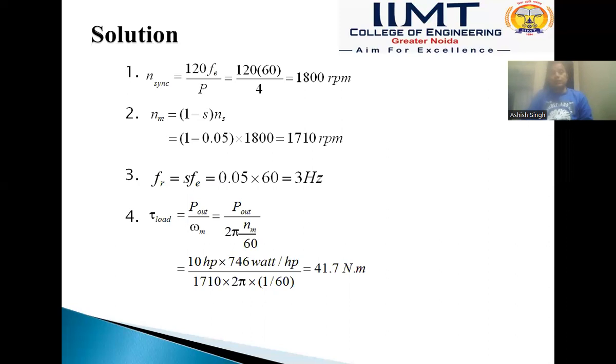As Nm is in rpm, we have to convert rpm into rps, revolutions per second, so we divide 2 pi Nm by 60. After putting this value, we get the torque produced by the induction motor as 41.7 Newton meter.